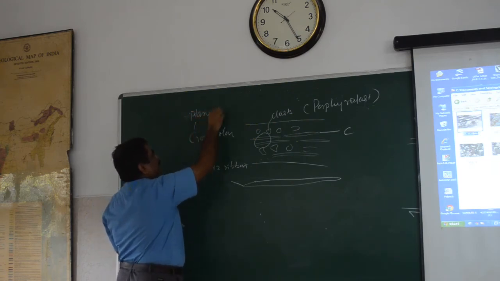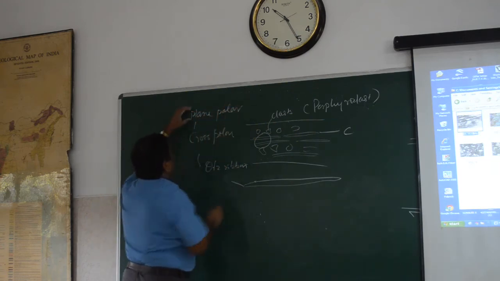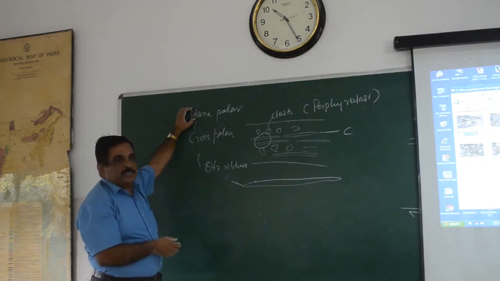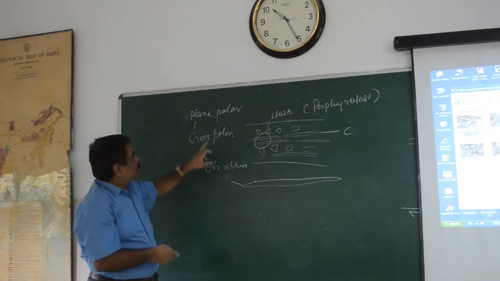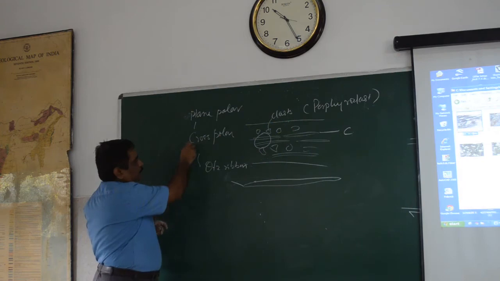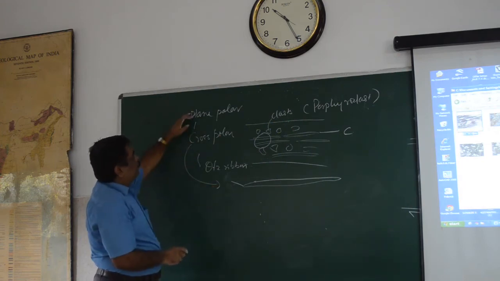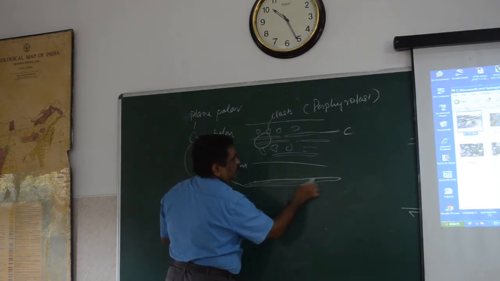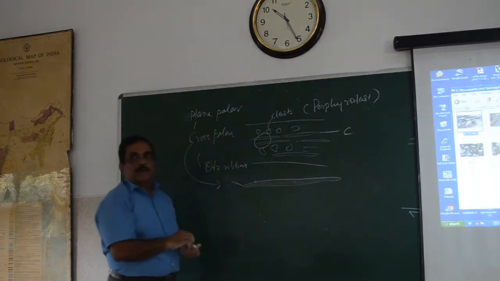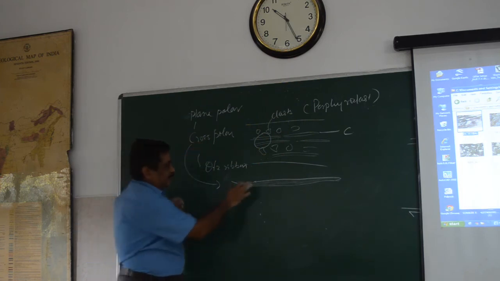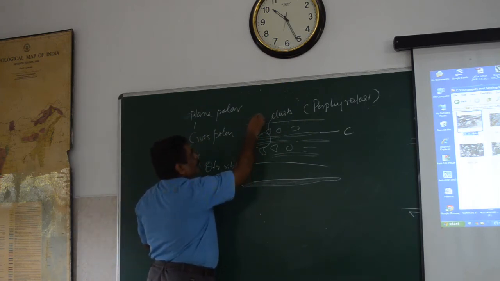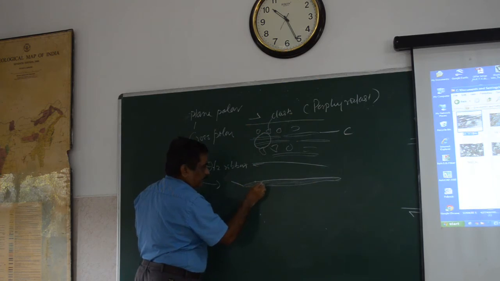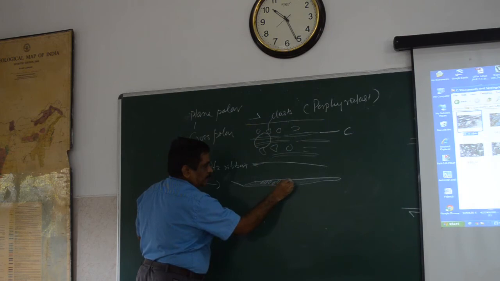Plane polar means where the nicols are not crossed. Here the nicols are crossed. In plane polar condition, this will appear as a single uniform grain, nothing visible inside. But if you cross polar it, then inside this ribbon you will get small microscopic quartz grains. They have developed inside this.